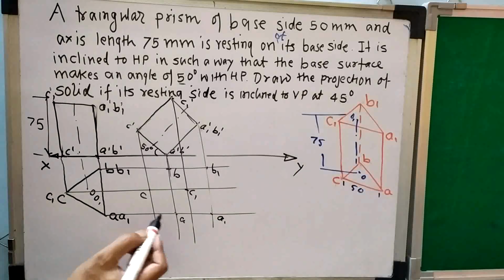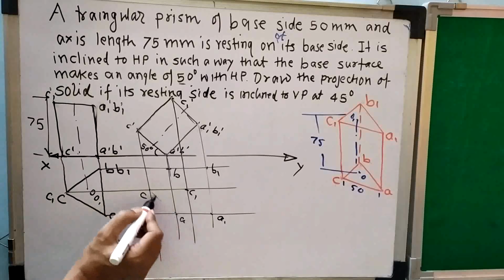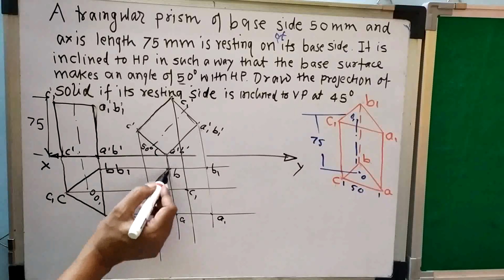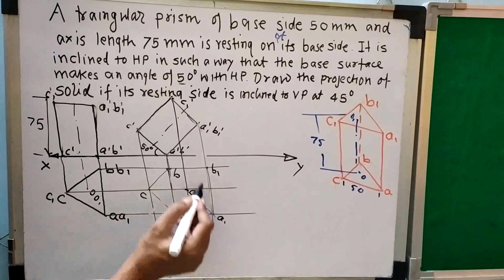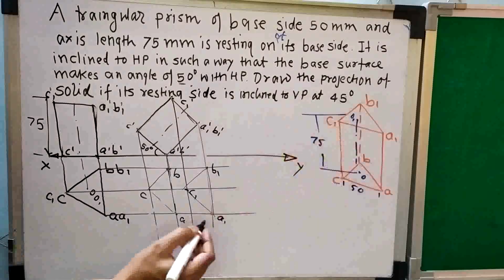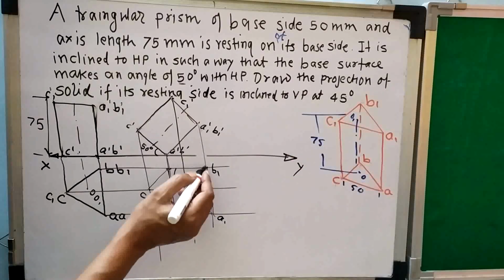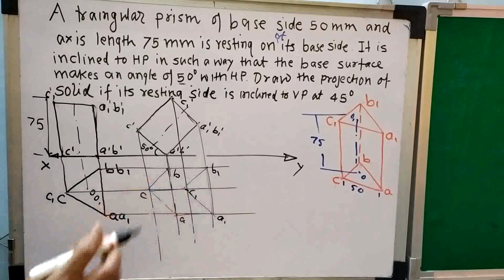So this is ABC and A1, B1, C1. Then I will join the three vertical edges AA1, BB1 and CC1. So in this way this will be my solid.